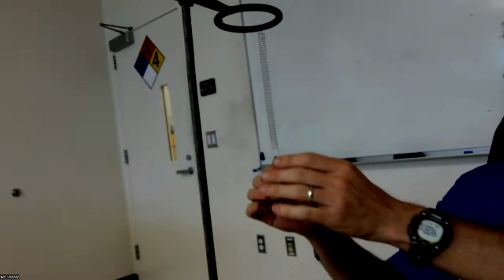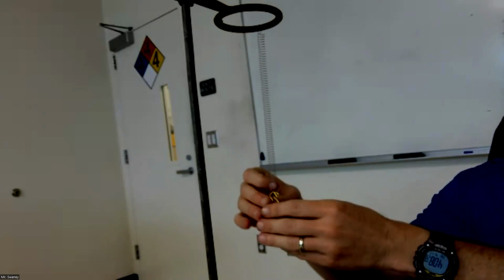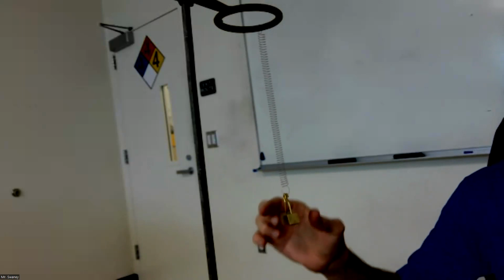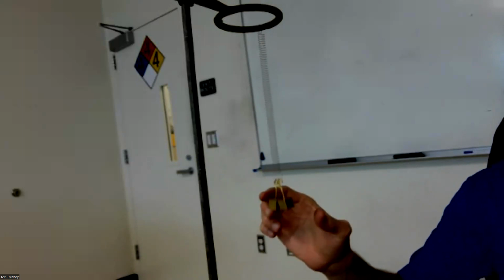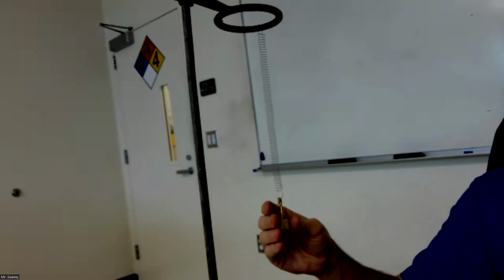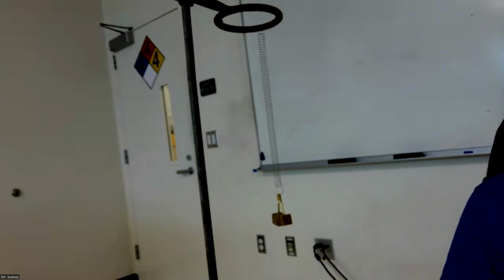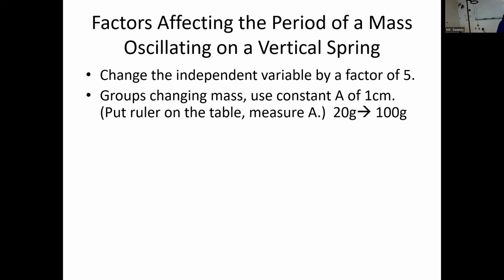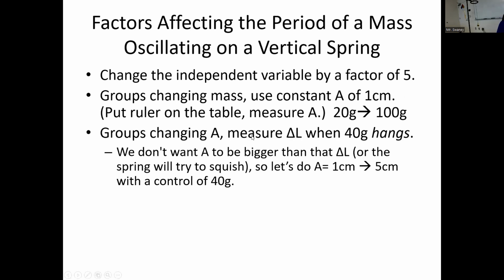And then later, you will put on 40 grams, measure 1 centimeter down for them, and then do 40, and then you do 60, 80, and 100. And we'll talk more. You'll do 2 trials each. So odd number groups are going to do that. Even number groups, you guys are going to change the amplitude.